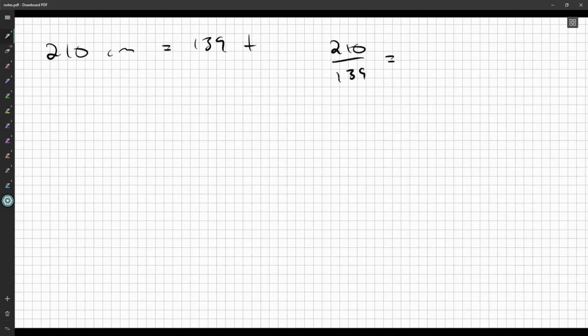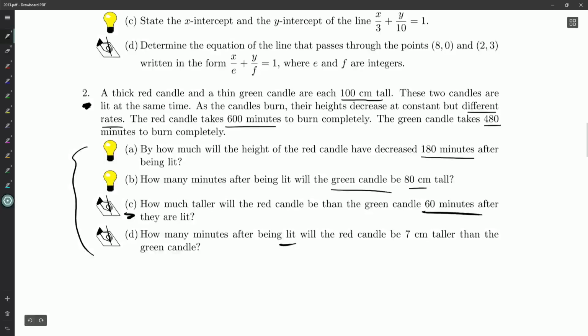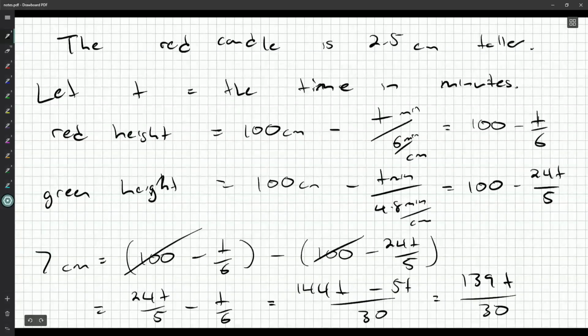I'm not liking these numbers. Is 139 divisible by 7 or something? It is not, and it's not divisible by 3 or 2 or 5. So that's how many minutes, I guess. It seems a little odd. I don't like that in terms of the calculation I did there. So I'm just going to double check it.